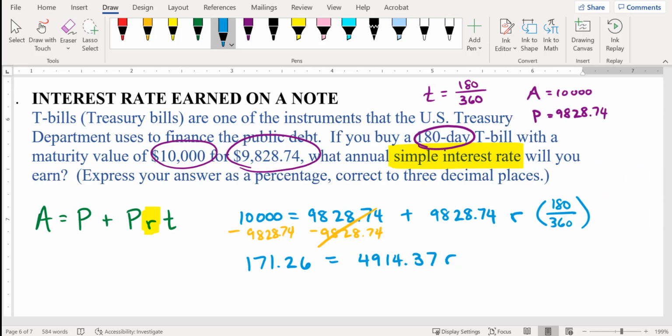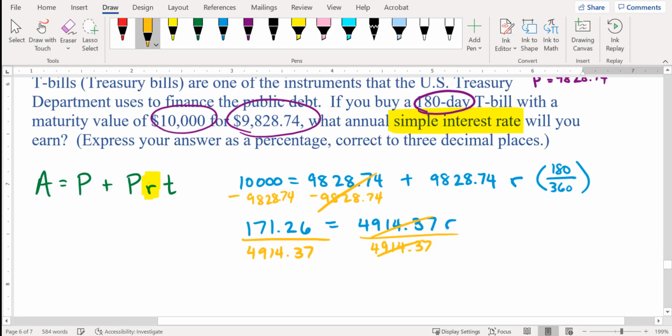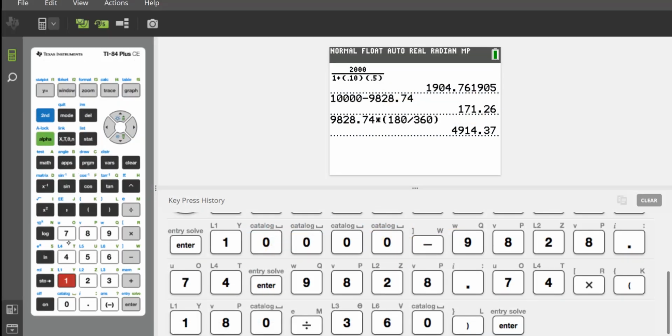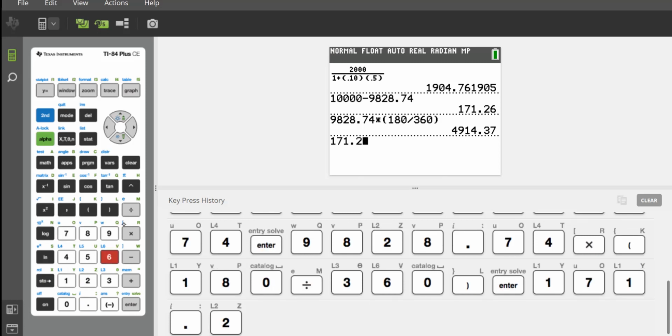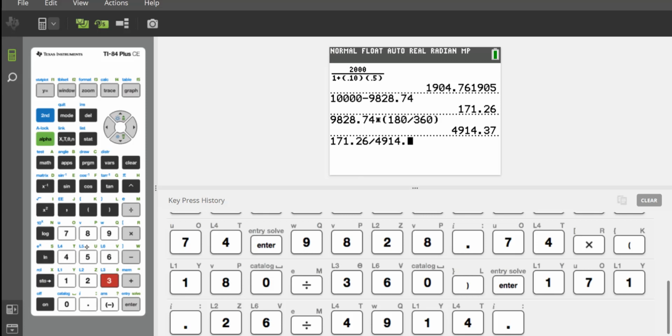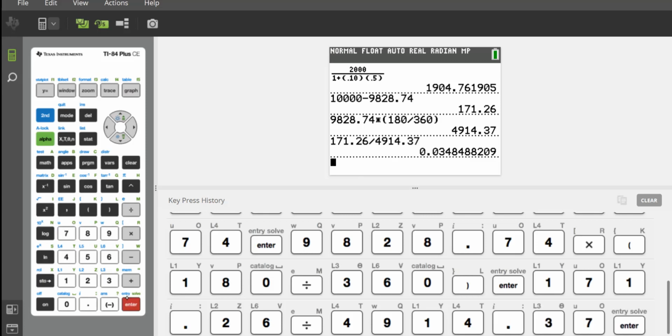Okay, to get R by itself, I've got a number times R, so I need to get rid of that number. I'm going to divide both sides by 4914.37. On my calculator, I'm going to type in 171.26 divided by 4914.37. And I get 0.0348.